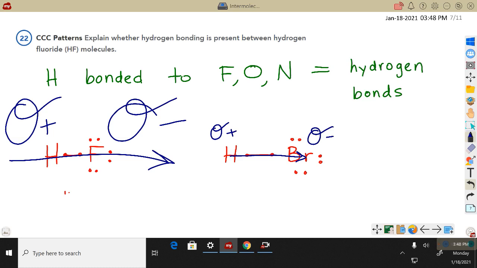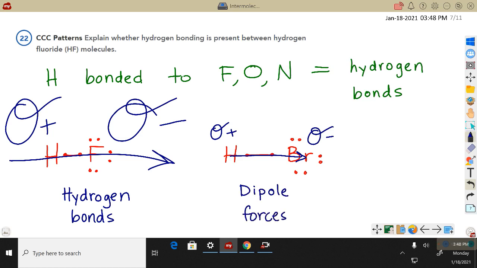And so they're both polar molecules, but because of the extreme partial positive and partial negative, we would say that HF molecules are connected by hydrogen bonds, whereas the hydrogen bromide molecules would just be connected by dipole forces.